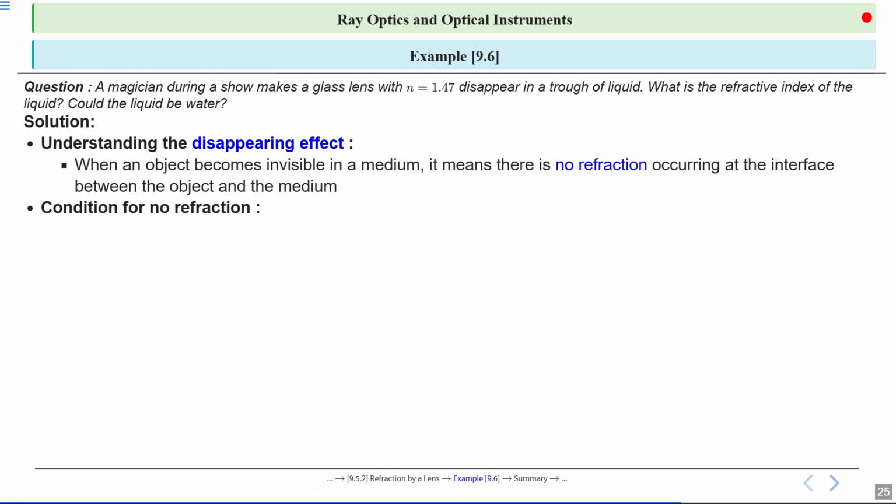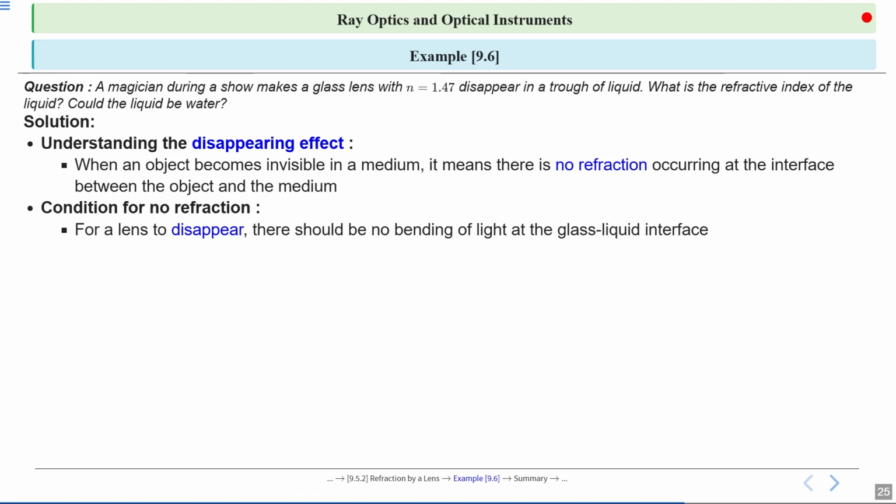Why is refraction not occurring? Condition for no refraction: for the lens to disappear, there should be no bending of light at the glass-liquid interface. If there is bending of light, then the surface separating the two media will be visible. If it is invisible, that means no bending of light is occurring.